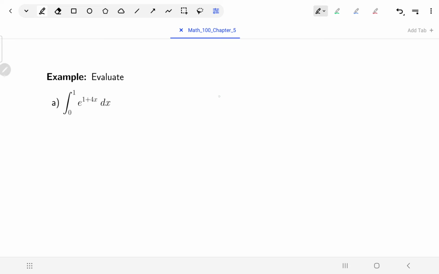So I'm going to let u be 1 plus 4x. So of course du would then be 4 dx, or a quarter du is dx. And so I've got something to replace everybody, except I also need to remember that with a definite integral, I have two options.